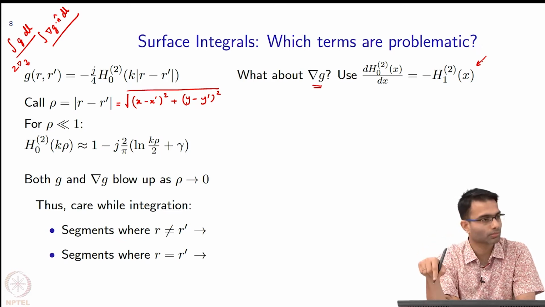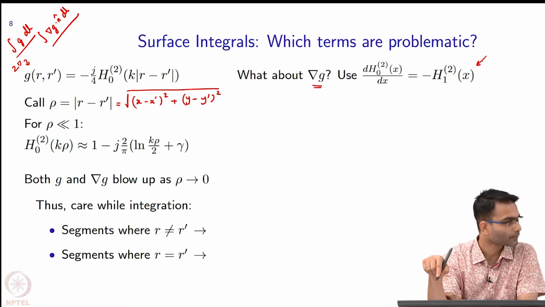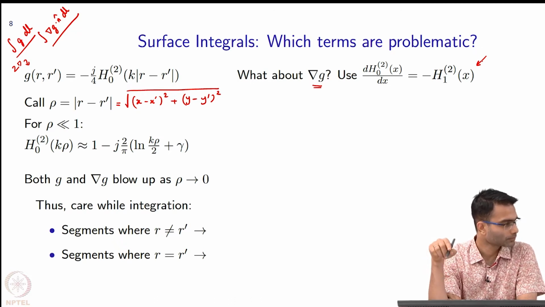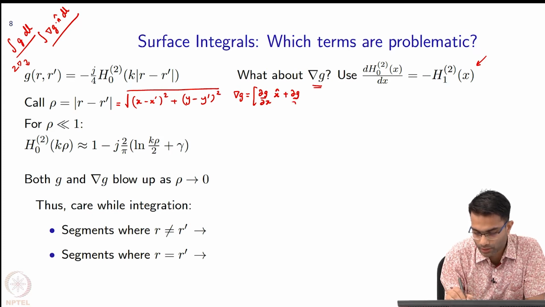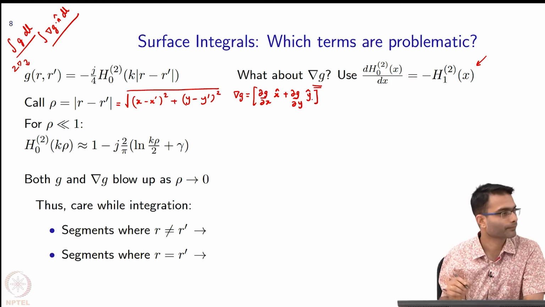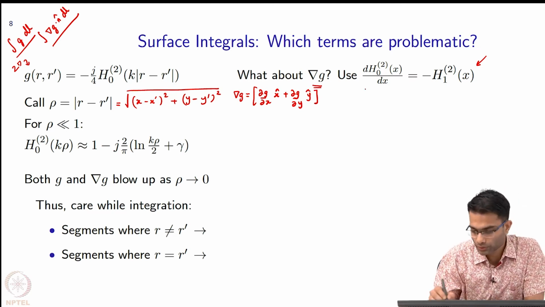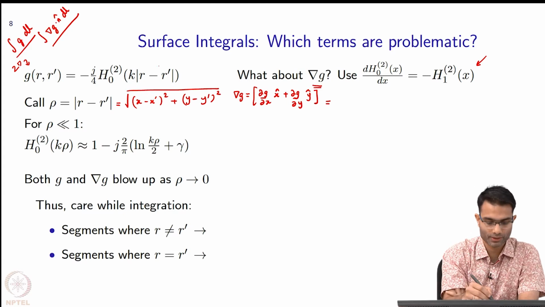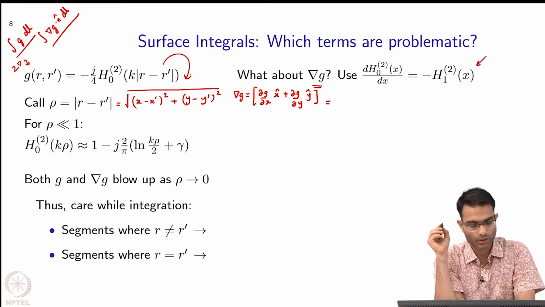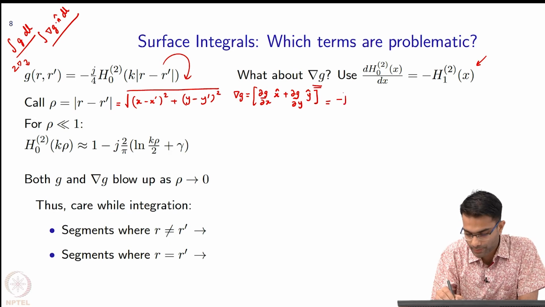So, if I want to evaluate grad g, what do I do? I will just use this property. Using the definition, grad g is del g by del x, x hat, plus del g by del y, y hat. Simple. What happens to the first term? For del g by del x, where rho is this term over here, I write minus j by 4 as common.